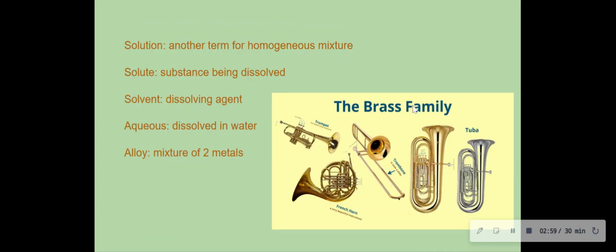And here are just some other terms that go with this. Like you have your solutions, which is another term for homogeneous mixtures. And there's also things called solutes and solvents. So a solute is a substance that is being dissolved in another substance.